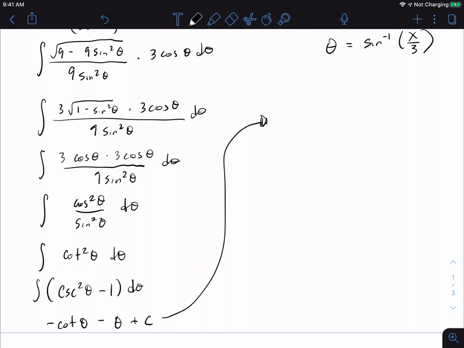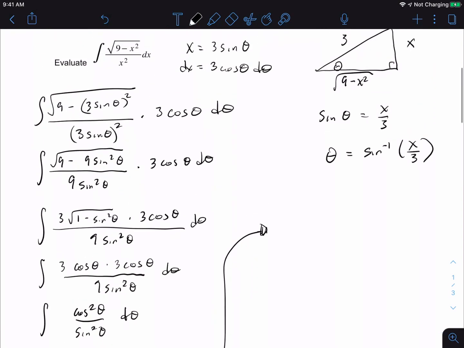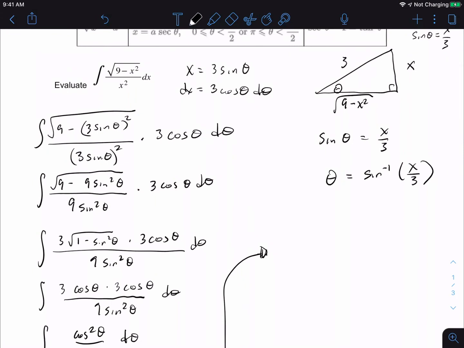Cotangent is, instead of the opposite over the adjacent, it's the adjacent over the opposite, correct? Correct. And we're looking at the triangle. So what we had is negative cotangent theta minus theta plus some constant c was our solution. So minus adjacent over opposite is going to be square root of 9 minus x squared over x. That's cotangent. Our theta is sine inverse of x over 3 plus c.